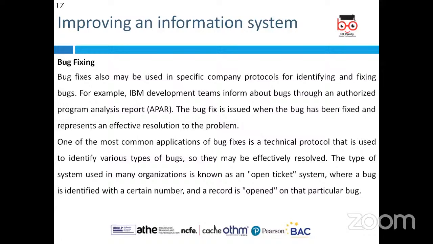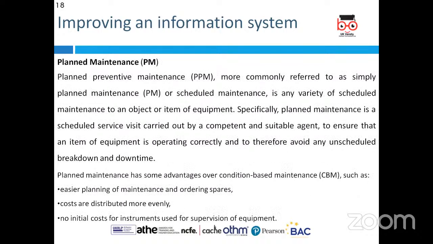So as you can see, one of the most common applications of bug fixing could be a technical protocol that is used to identify various types of bugs. Also, another way to improve our information system is through planned maintenance.